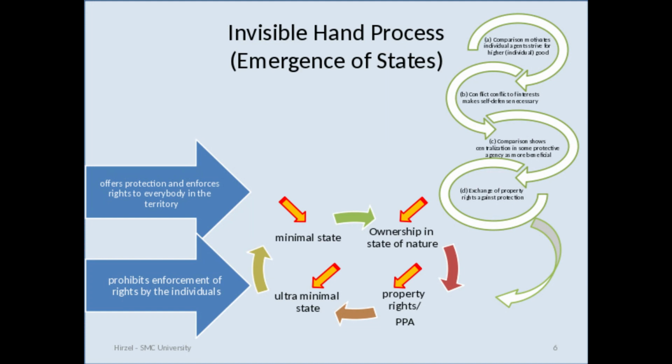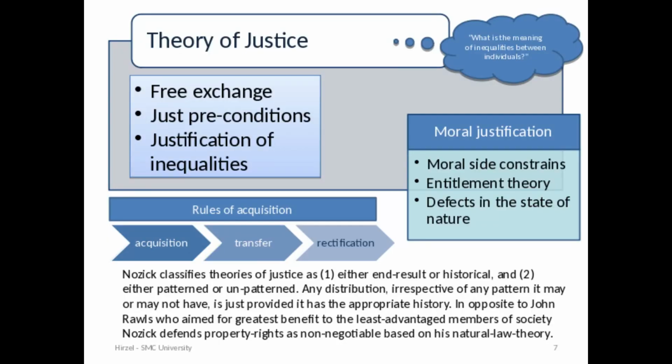In résumé, an invisible hand process leads from the state of nature towards a private protective agency by freely agreed exchange of protection for loyalty, as described in the process before, which in a later process leads to the ultra-minimal state, in order to deter the private protective agency from doing more than just protect, and further, the minimal state, limited to the function of protection and legitimized by side constraints and entitlement theory.